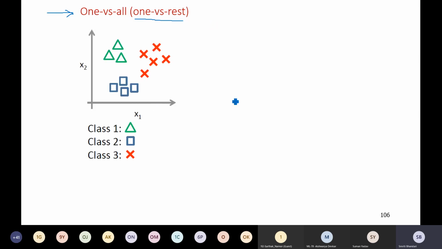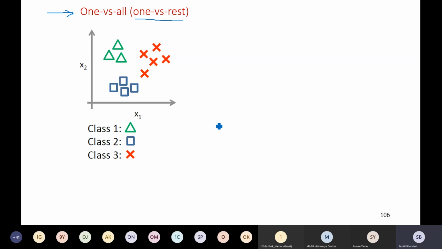So what this algorithm says, suppose this is our problem. We are having examples that belong to class 1, class 2 and class 3. This triangle is our class 1, this square is our class 2 and this cross is our class 3. Given an example, we want to find out which class it belongs to, and for that reason we need to train our classifier.